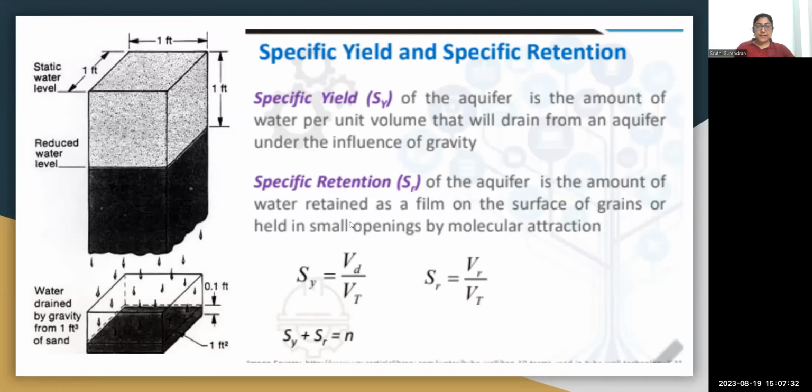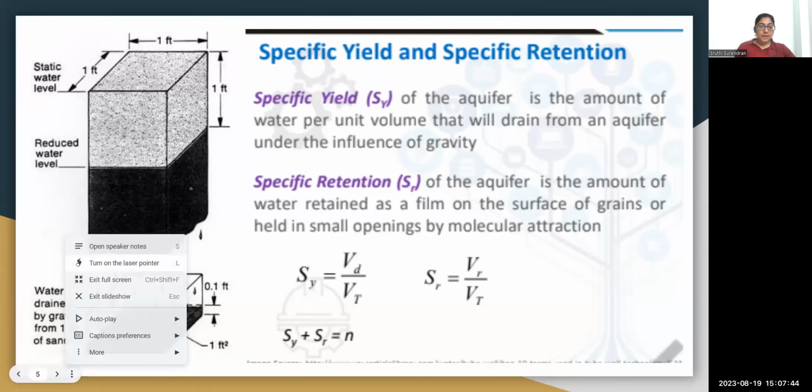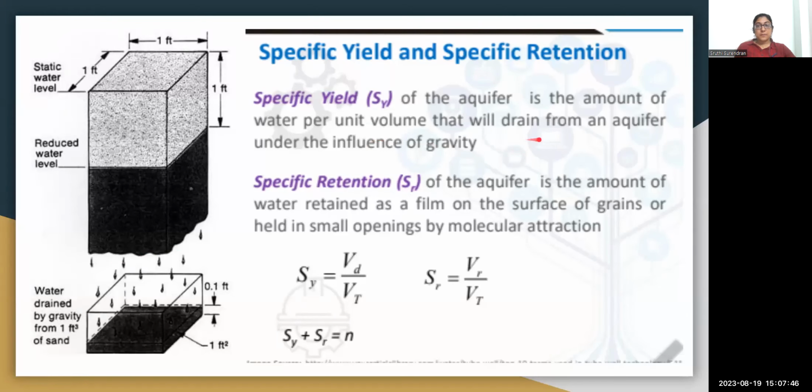So in the earlier classes also we had discussed what specific yield is and what specific retention is. Specific yield, as per definition, is the amount of water per unit volume that will drain from an aquifer under the influence of gravity.